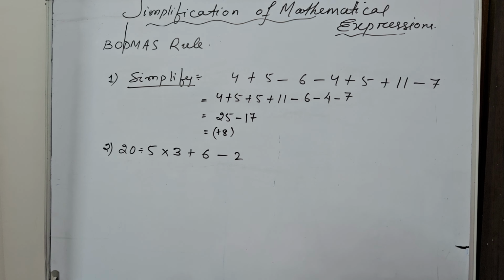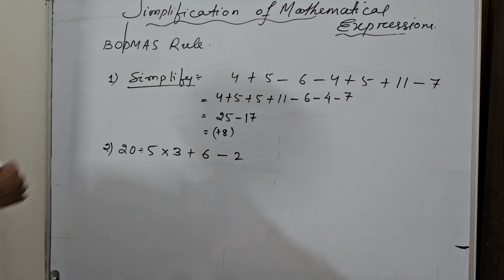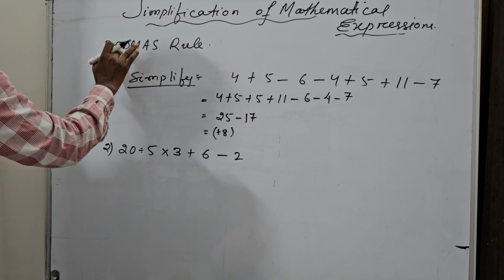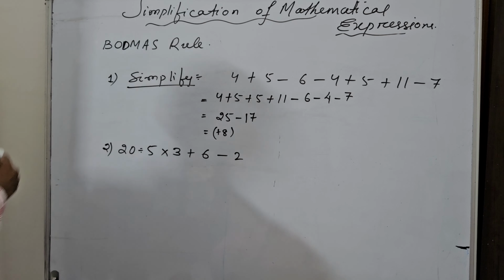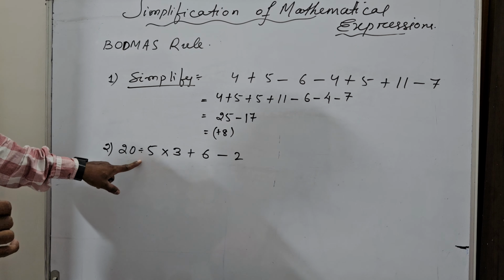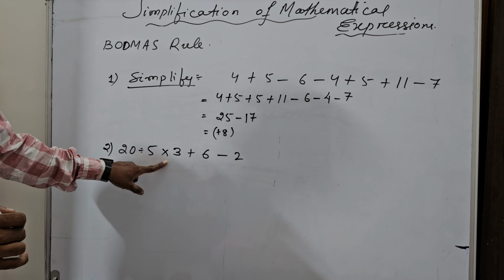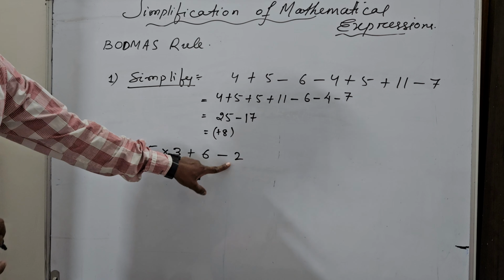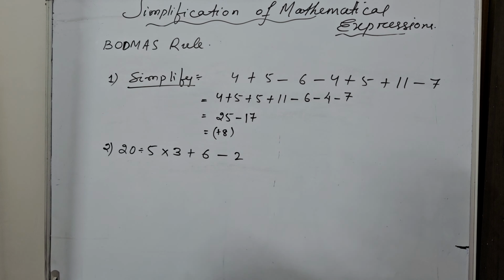Simple one I have taken. So as per the BODMAS rule, what do you see? There is a division sign, there is a multiplication sign, and there is a plus sign, there is a minus sign. That means 4 of the operations have been stated here.